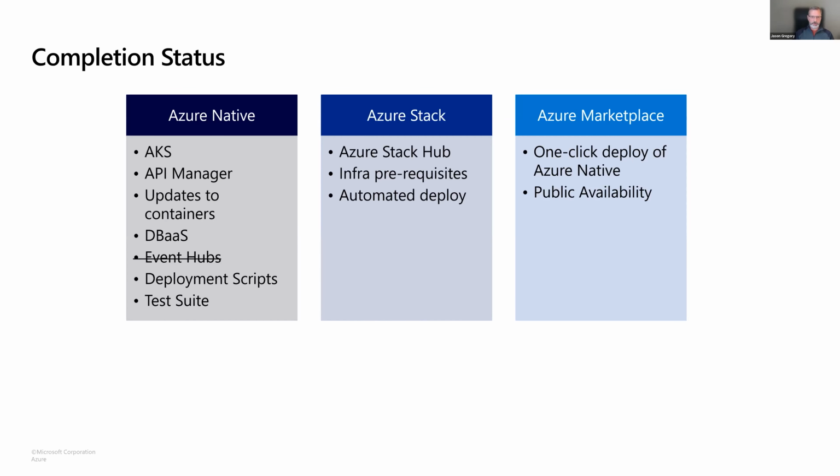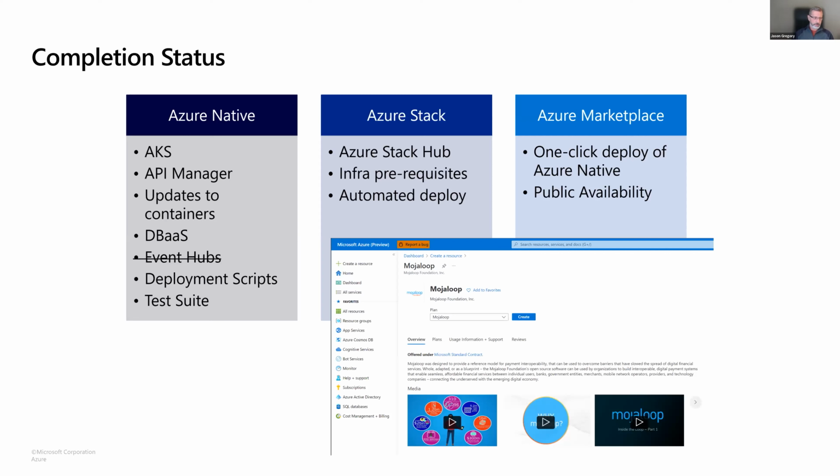And the last thing that we managed to do was get Mojaloop available with a one-click deployment of the core services into Azure public cloud. If you now log on to your Microsoft Azure portal, hit create a new resource, and search for Mojaloop, you'll get this one-click deploy.